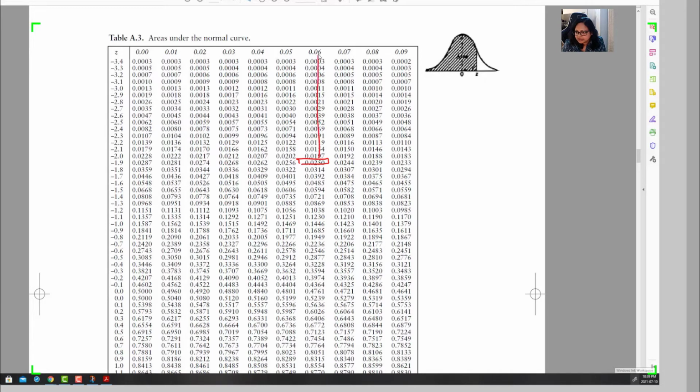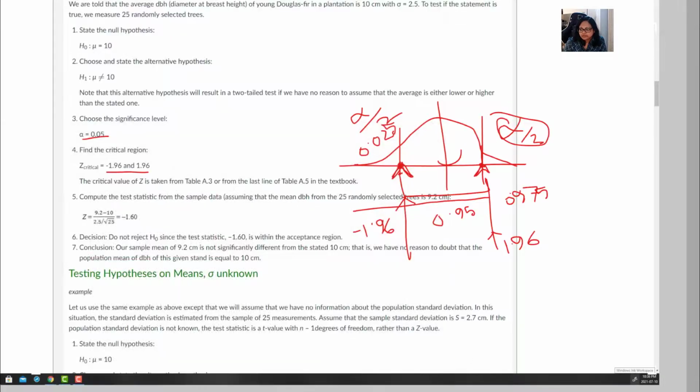And then the Z critical value would be 1.96. That means negative 1.96. And same thing, if you want to find the 0.975, you will find it somewhere down below. Okay, so that's why we are going to use these values over here. So these are coming from our Z table.